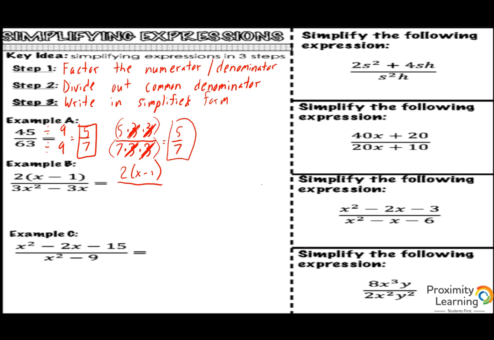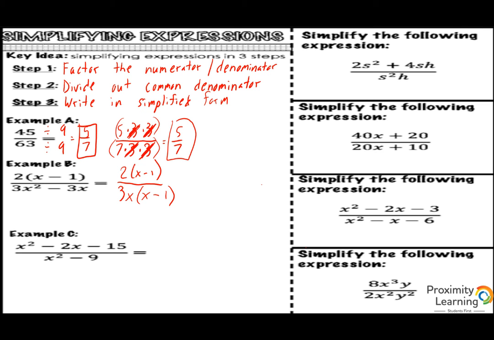Now for 3x squared minus 3x, the common number is 3, and the common variable is x. So when you pull 3x out of 3x squared, you're left with x. And then when you pull a 3x out of 3x, that leaves you 1, or negative 1.